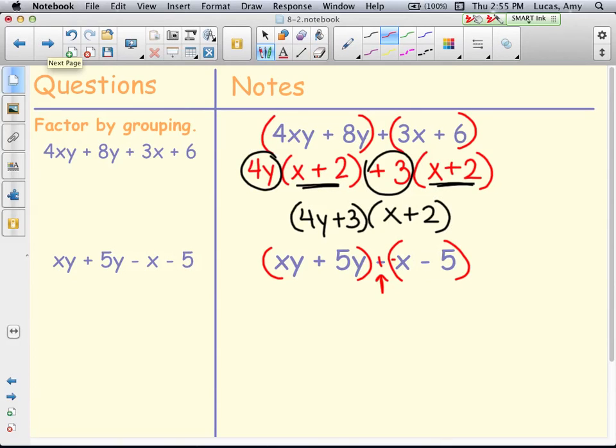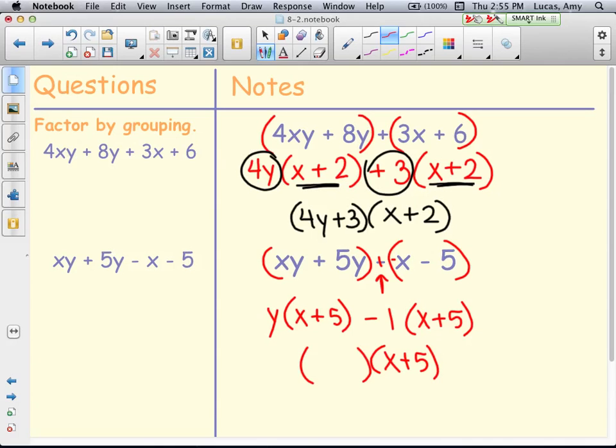Okay? So the first set of terms has a y in common, and that would leave me with the x plus the 5. So I need this next set to have a common factor of x plus 5, so I can see if I pull out the negative 1, that would work. So now I've got my factor of x plus 5, and then the other factor is going to be the y minus 1.